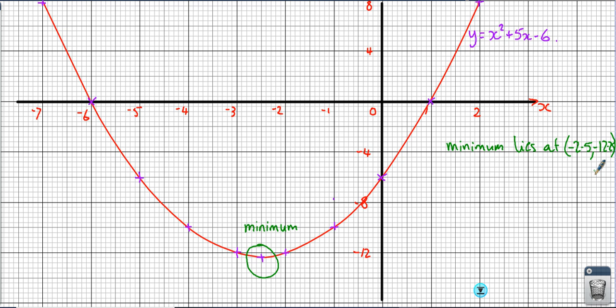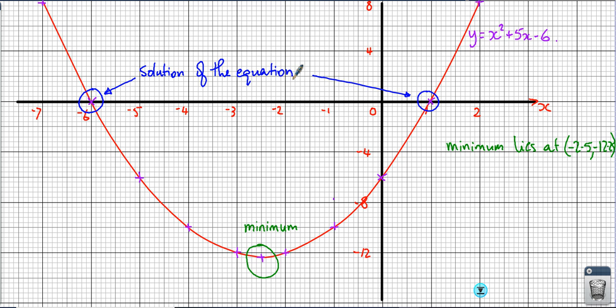Now, also, our graph has two important sets of coordinates, which are the place where the graph meets the x-axis. This is called the solution of the equation, sometimes also called the roots.